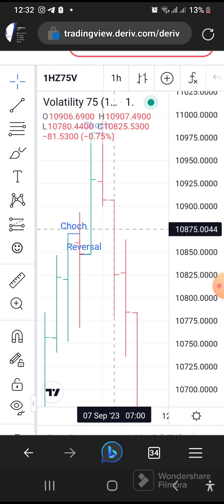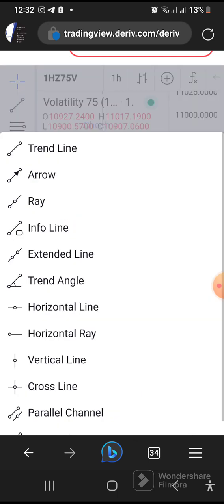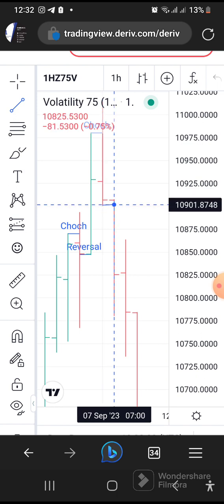And we noticed now that price having gone lower than the previous low allowed us to have what is known as a break of structure, after which price reversed 50% from the lower high.